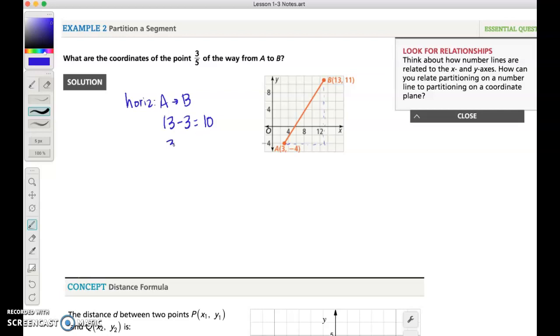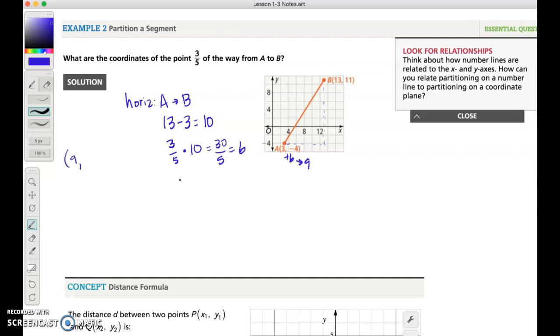So now I'll say 3/5 of, which would mean multiplying, 3/5 of 10 is going to be 30 over 5, which is 6 units. So I actually want to go 6 units over from 3. So 3 plus 6 would give me 9. So my point is going to be at 9 comma something, right?